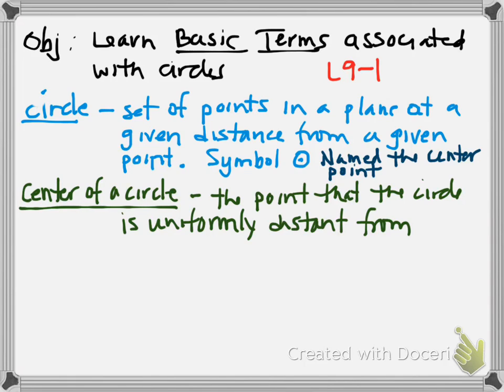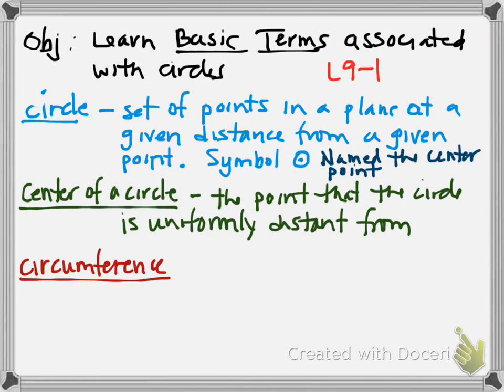And let's see what else. So, this word, it's hard to come up with a good definition of it, but I'm kind of referring to it in both of these. Let's talk about circumference. Because a circle doesn't have edges, I can't talk about perimeter.